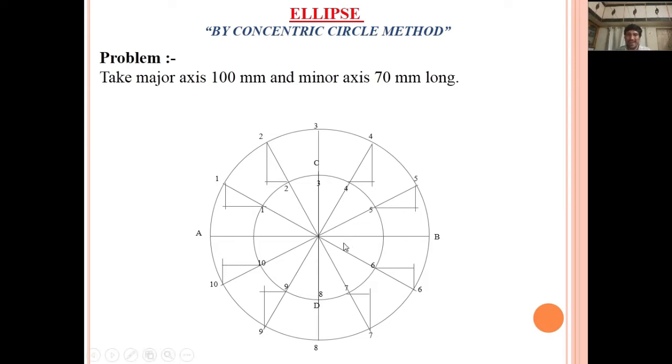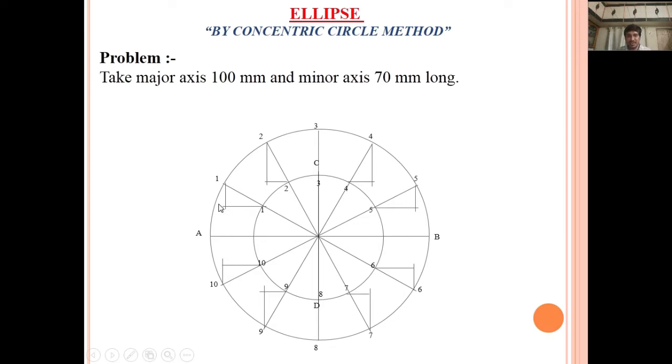all these 12 points. That means point A, point 1 means P1, P2, C is equal to point P3, this P4, this P5, point B is equal to point P6, this P7, P8, D point is equal to P9, this P10, P11 and point A is equal to P12.